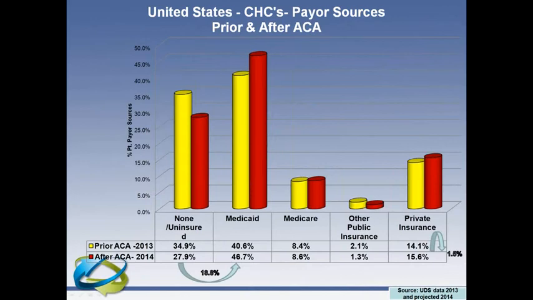So let's look at patient volume, before and after the ACA. What you'll see is that the non-insured or underinsured decreased from 34.9% to 27.9%. There's an 18.8% shift, and that shift really went over to your Medicaid population.